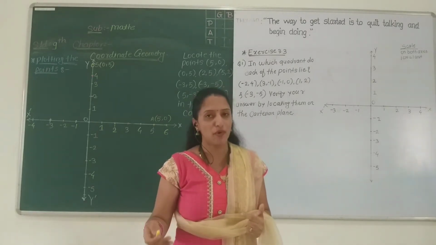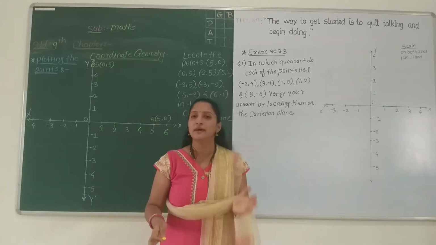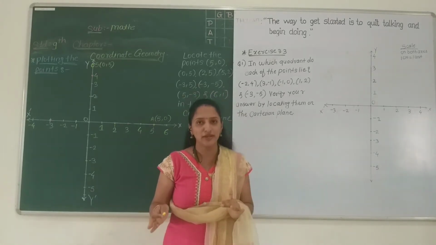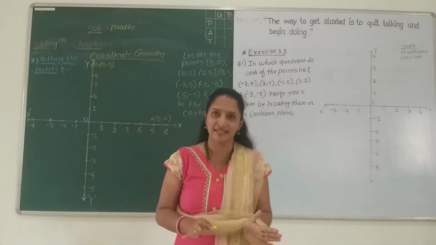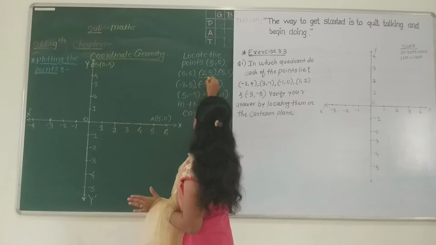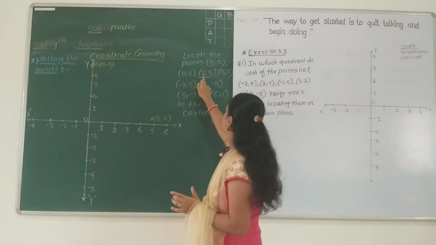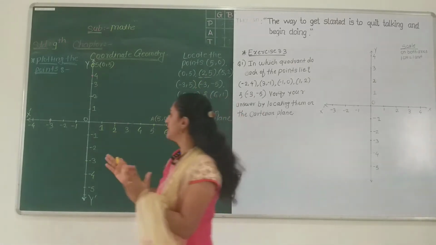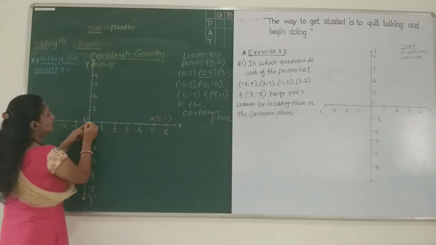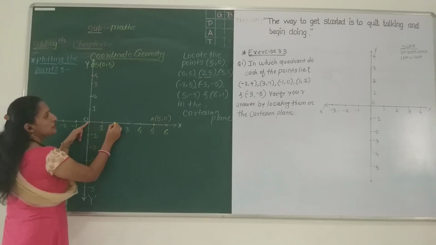X coordinate means the perpendicular distance of a point from the y-axis and y coordinate means the perpendicular distance of a point from the x-axis. So now we have to locate this point (2, 5). From the x-axis we measure 2 from 0. So on the x-axis 0 to 1, 2. So here is the point 2.